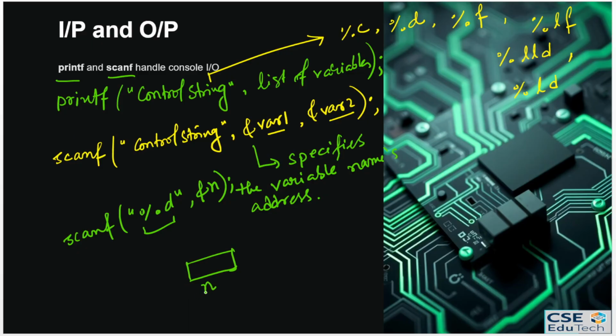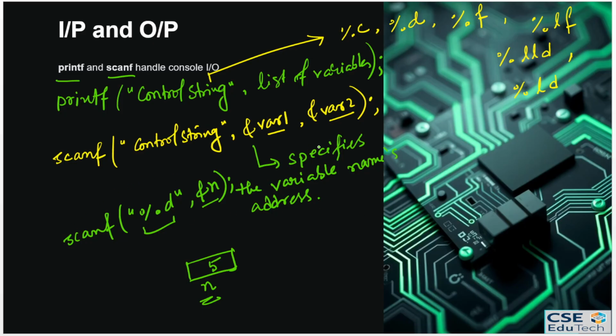Every variable has an address, and the value that we have received should be stored at that address. So ampersand n means the address of the variable n, where we have to put this value. Clear? If we give, suppose, 5, then 5 will be stored at that address. So this is basically the input as well as the output.